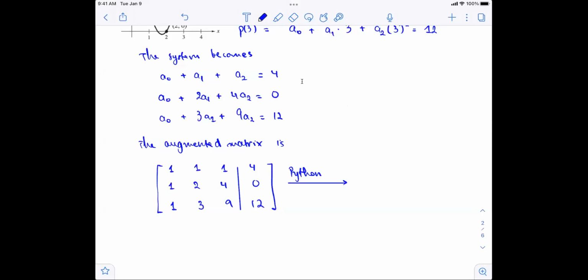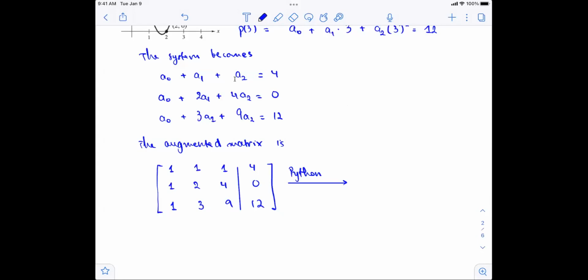Okay, so we are in the Python coding or Jupyter coding environment, and I'm going to change the name of the notebook to lecture 3. And I have that. All right, so to help me with the input of the augmented matrix, we import numpy and also sympy.